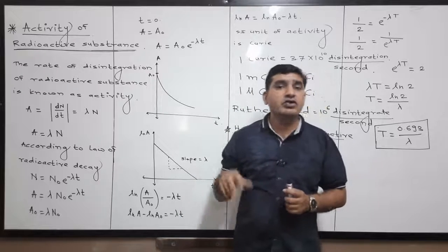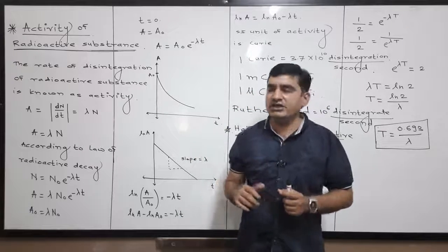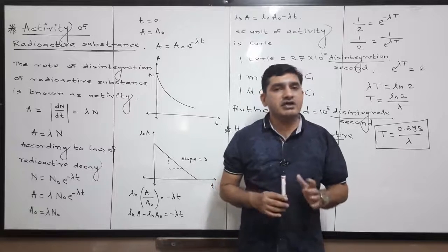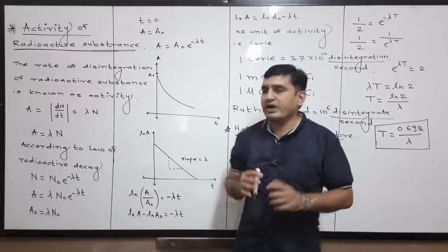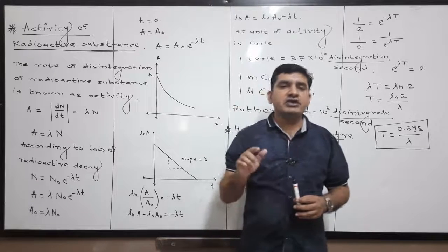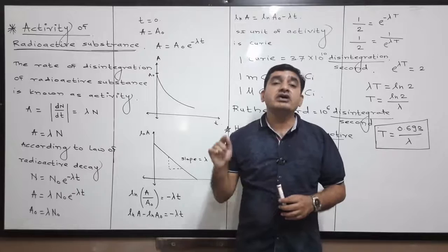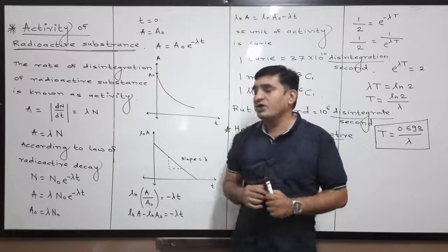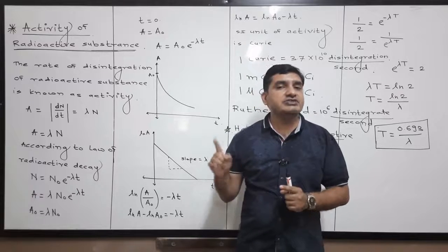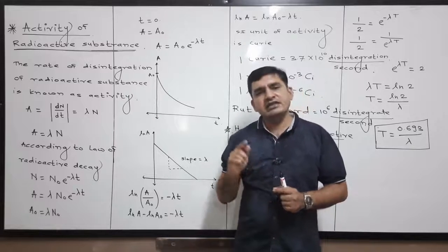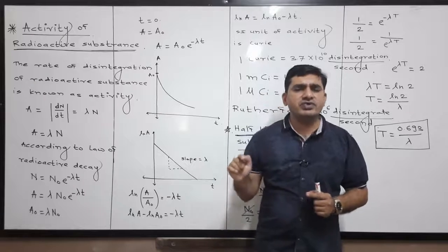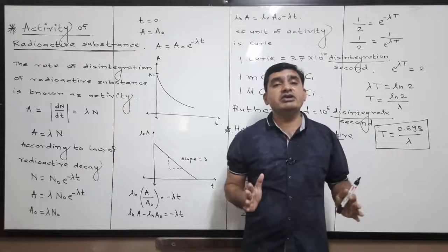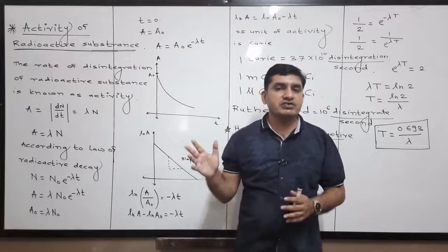Activity A equals mod of dN upon dt, which equals lambda into N, so A equals lambda N. According to the law of radioactive decay, N equals N0 e raised to minus lambda t, and therefore A equals A0 e raised to minus lambda t, where A0 is the activity when t equals 0.